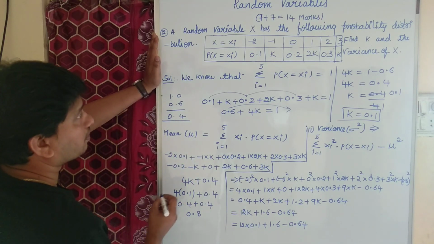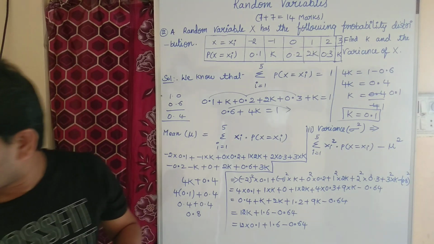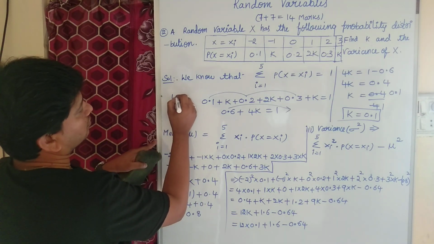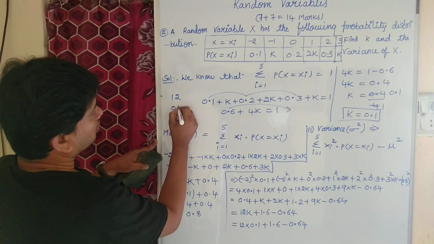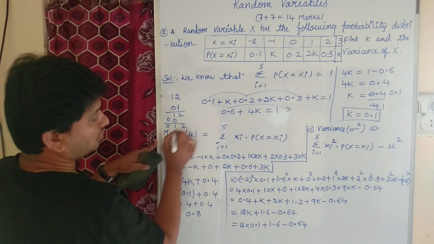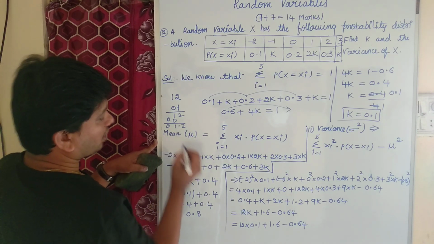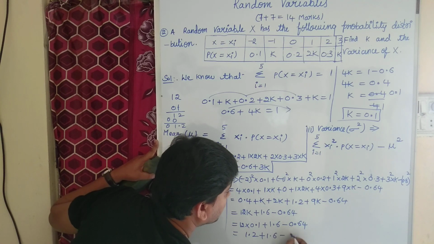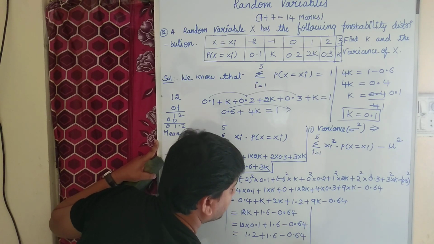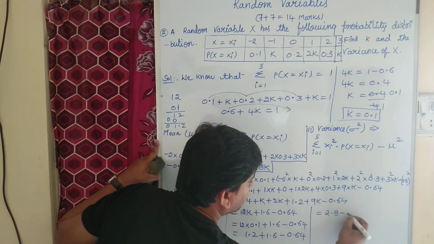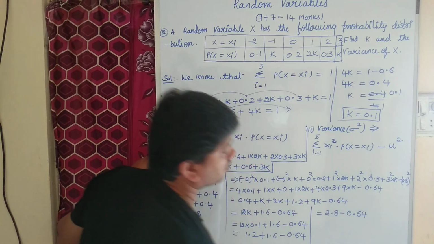So 12 into 0.1, let us multiply. 1 2 ja 2, 1 1 ja 1, I mean 1.2. 1.2 plus 1.6 minus 0.64, right? 1.2 plus 1.6, 2.8 minus 0.64.